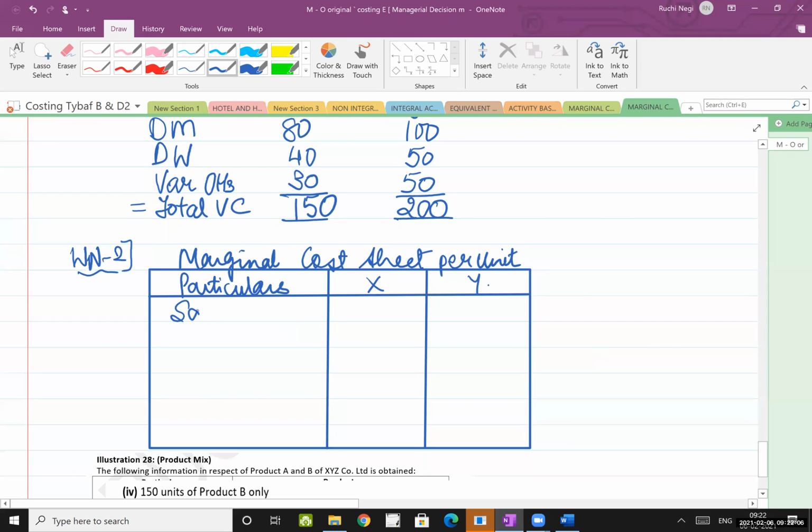Start with sales less variable cost is equal to contribution.